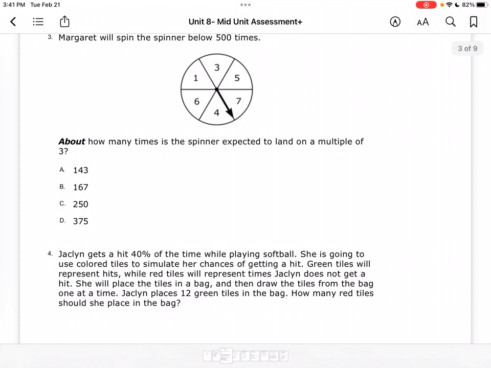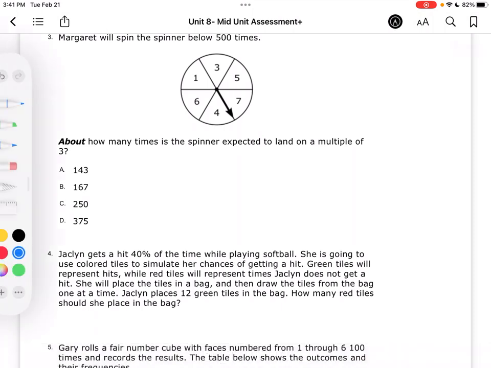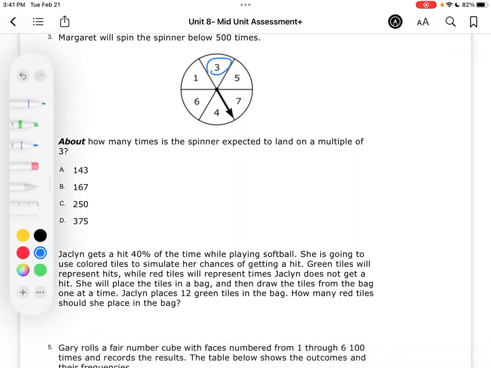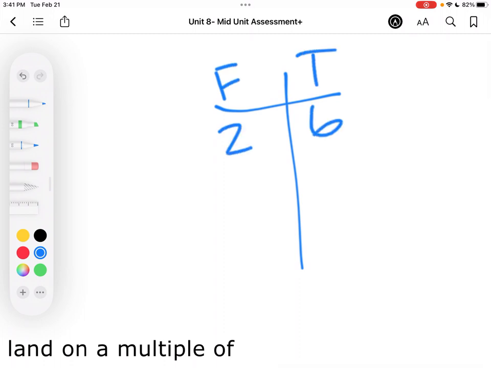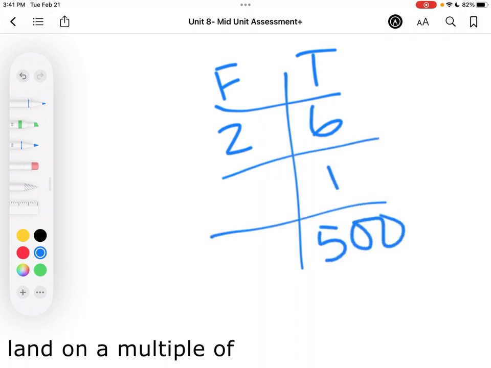All right, Margaret will spin the spinner below 500 times. About how many times is the spinner expected to land on a multiple of 3? Well, a multiple of 3 would be 3 and 6. So that's 2 outcomes out of 6. So we have our favorable outcomes out of totals. So that's 2 out of 6, or I could reduce it if I wanted to, and that's 500 outcomes. So I'm going to divide by 6.